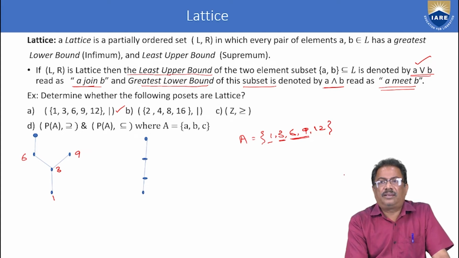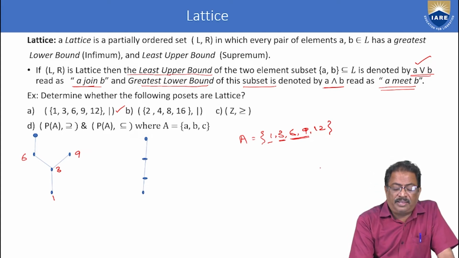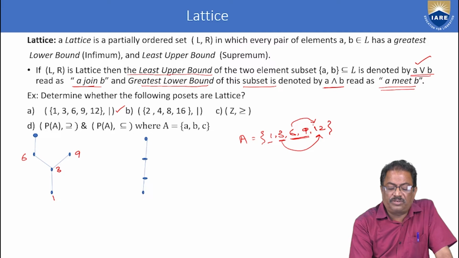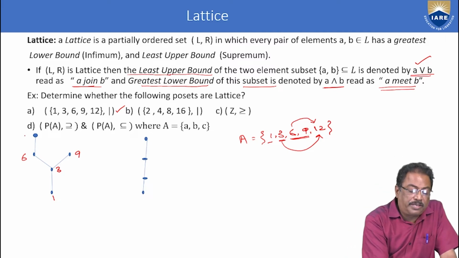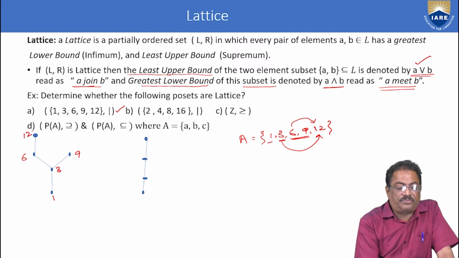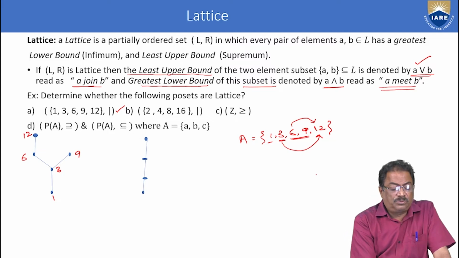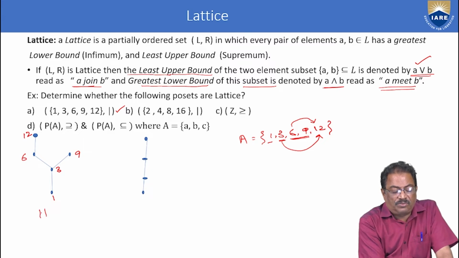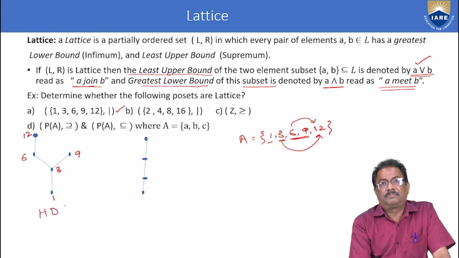Of course, 3 is related to itself, and 3 divides 12 also. Now, 6 divides 12, so this is 12. The Hasse diagram of the first one is like this.